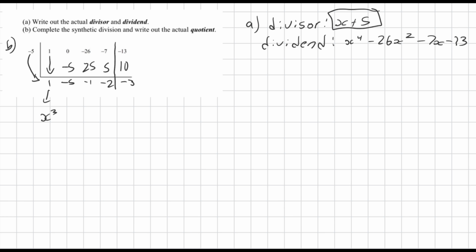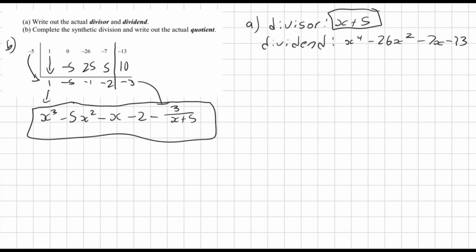So we're going to get x to the 3, negative 5x squared, negative x, negative 2, and then we bring our remainder down. So then we get negative 3 over x plus 5. So that would be the quotient written out.